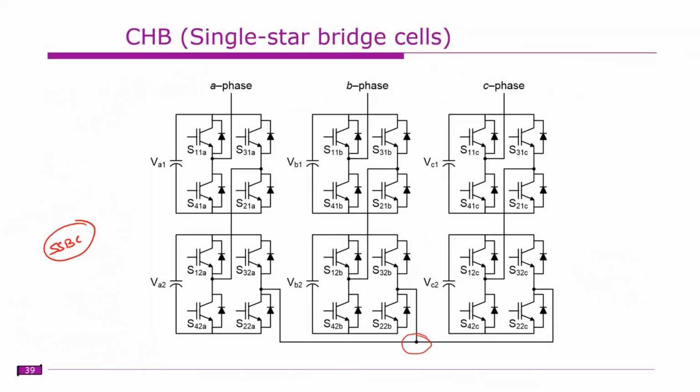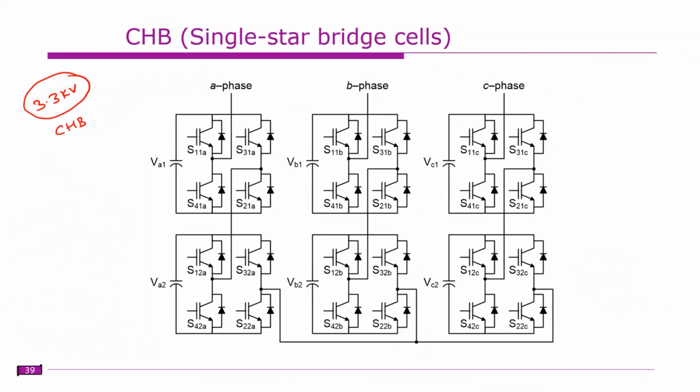Now the question is, let us assume that you want to design a 3.3 kV CHB inverter, Cascade H bridge inverter, which may be single star or single delta.